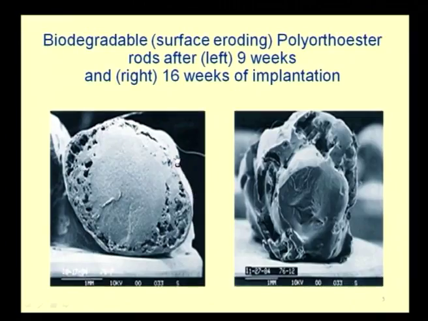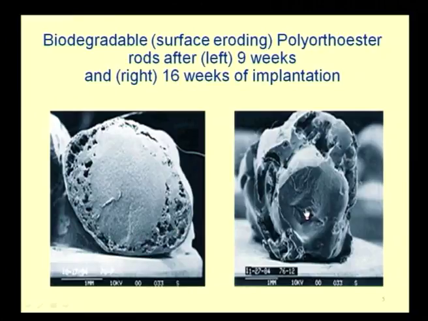These are the pictures of different polymers that are used for such surface eroding. For example, this particular picture shows the surface eroding taking place on polyorthoester rods that have been put into our body and left for more than 9 weeks. After 9 weeks you can see the picture of this polyorthoester polymer, which is basically a biodegradable polymer that undergoes surface erosion, and the drug molecules would have diffused out like this.